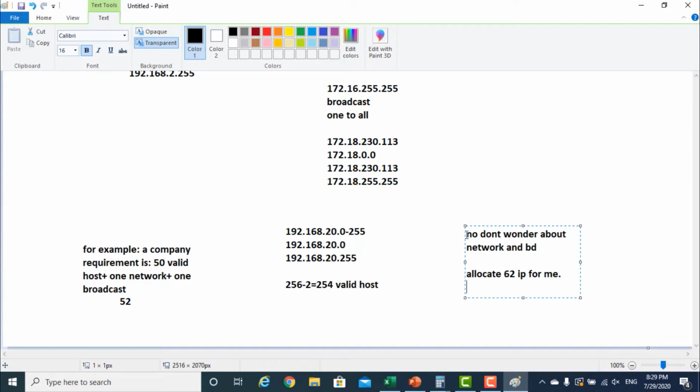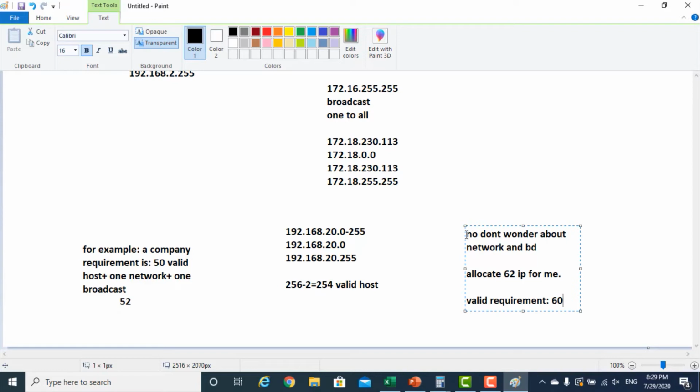This company is really smarter than you, and knows that you also need to add 2 for network and broadcast, so they already added them. So how many addresses is their valid requirement? Yes, 60 is their valid requirement, because they already calculated that 2 are needed.